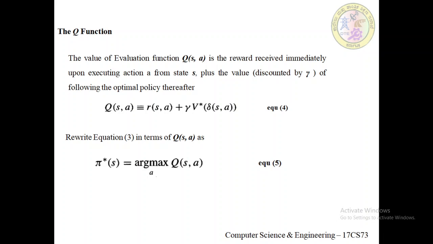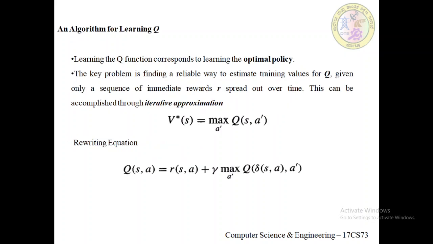Now let's learn the algorithm for learning the Q. Learning the Q function corresponds to learning the optimal policy itself. So how can Q be learned? The key problem is finding a reliable way to estimate training values for Q, given only a sequence of immediate rewards R which are spread out over time.